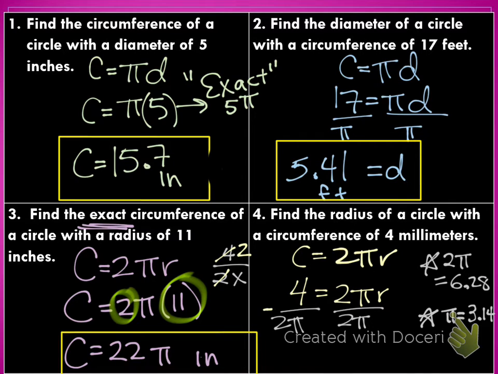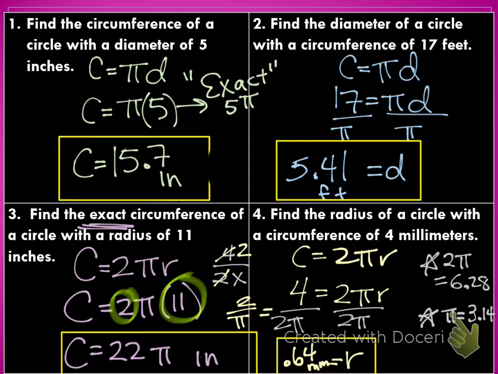So this could be equivalent to 2 over pi. It's the same thing. Do we see how? So either way, what do we get as our final answer? 0.64 and then millimeters. Which makes sense because my circumference was small. My circumference was 4. So the radius is 0.64.